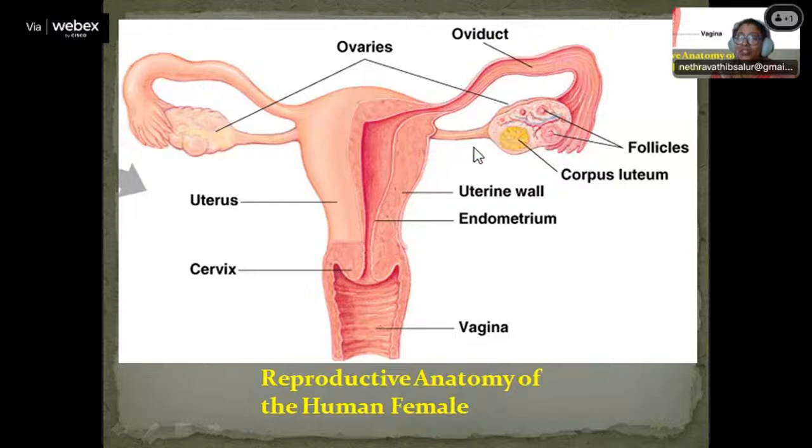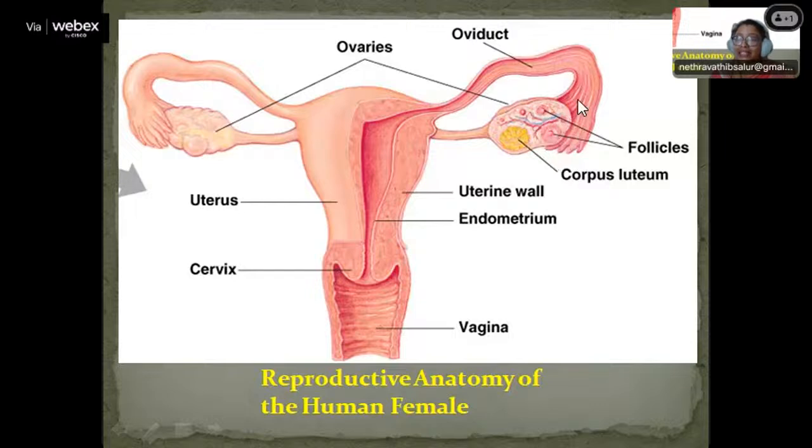Now, the oviduct is made up of three portions. The first part is called the infundibulum, which has finger-like projections called fimbriae. Very important for the exam. The fimbriae are finger-like projections which grasp the egg after ovulation. So you have to remember this.